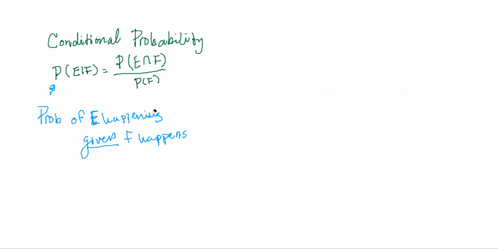So the probability of E happening given that F also happens. In terms of thinking about this, this equation actually makes a lot of sense, because this is the probability that E intersects F, or what E and F have in common. That is not entirely legible, and I apologize for that.